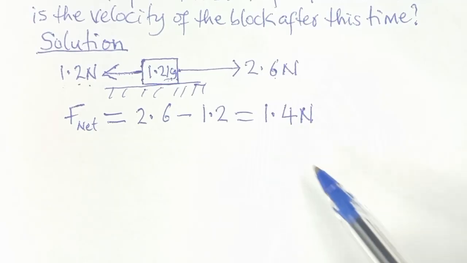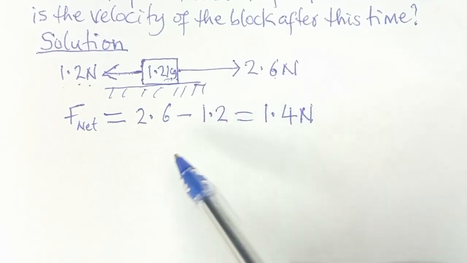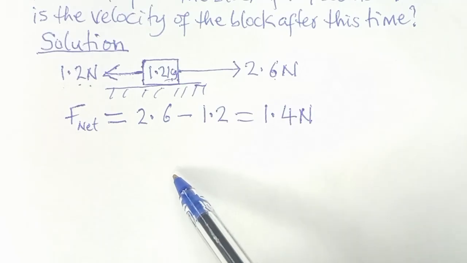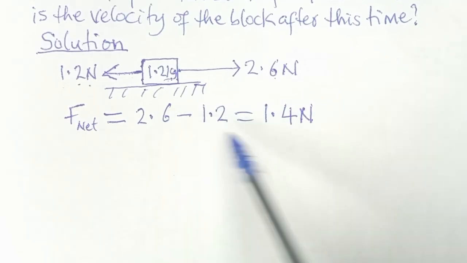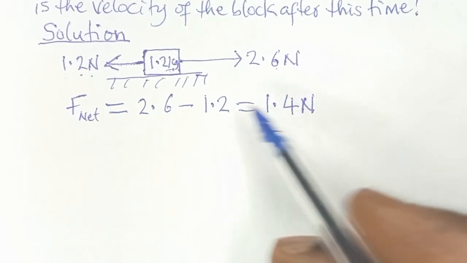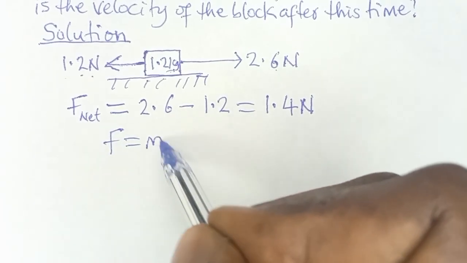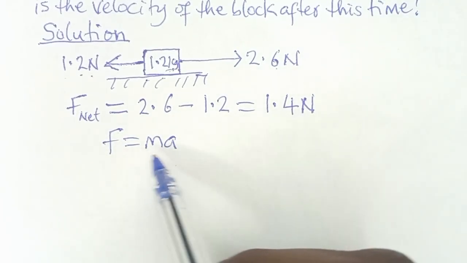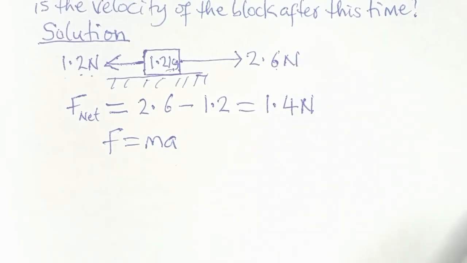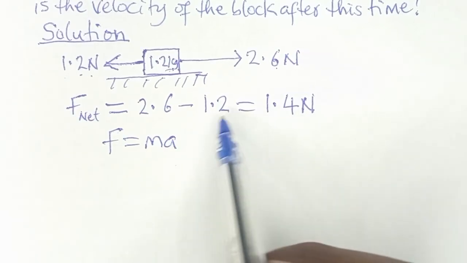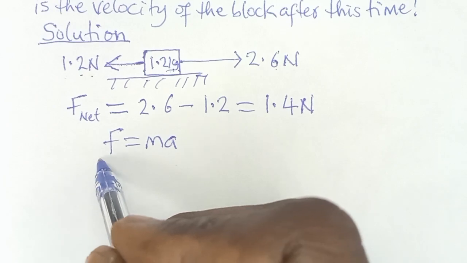Now, let's come back to the law that Isaac Newton gave us. That is Newton's second law of motion. And that law says that F is equal to ma. From that law, we have this formula, F is equal to ma. Now, the net force that is acting on it is 1.4.